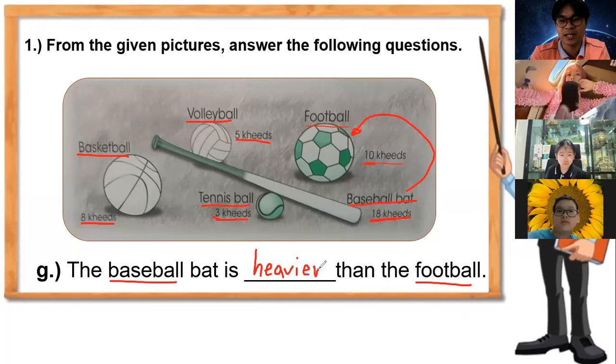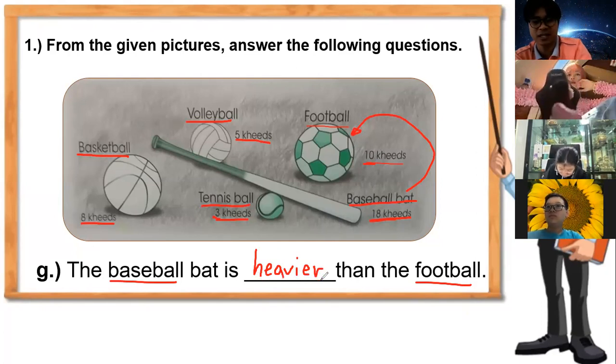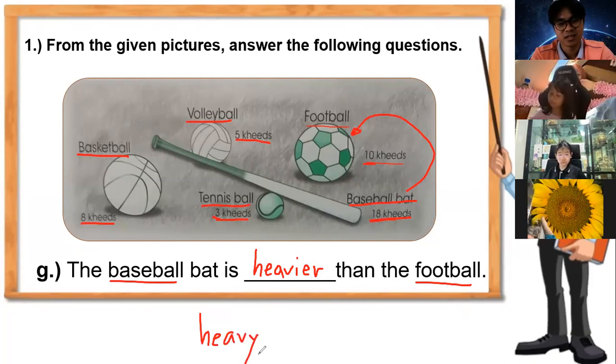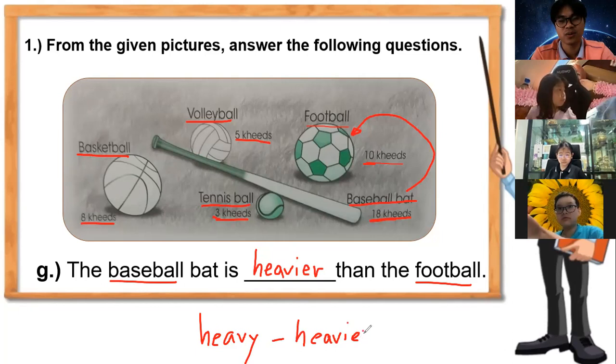Next time we will learn about comparing weight. In this part, we are already applying the words heavy, heavier, heaviest. If you are comparing two objects, change y to i plus er.